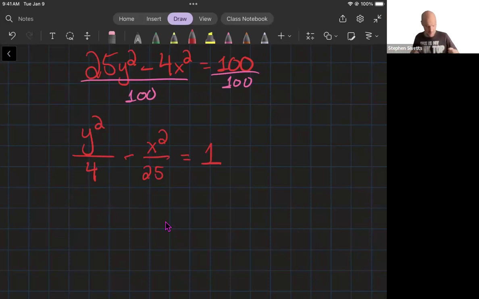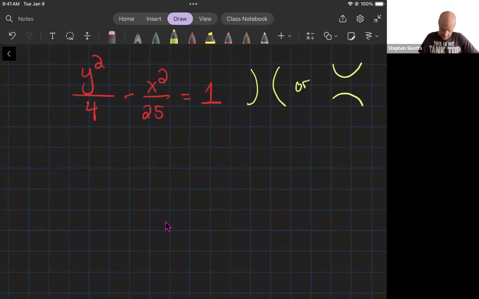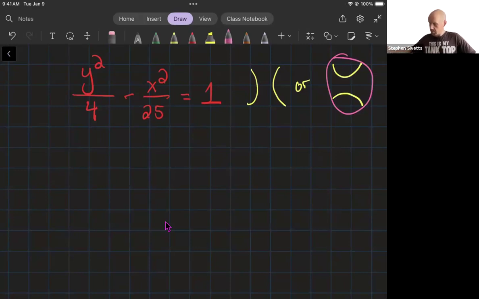Do you know how this hyperbola is going to open? Is it going to open like this, or is it going to open like this? Well, the x squared quantity is negative, right? So that means it's going to open up and then down, right?